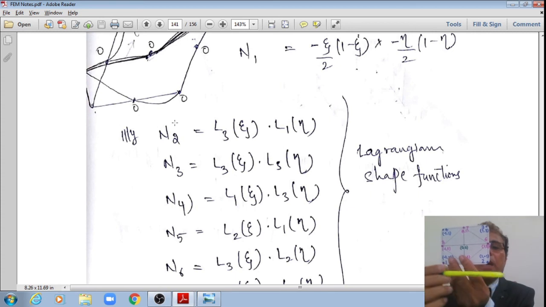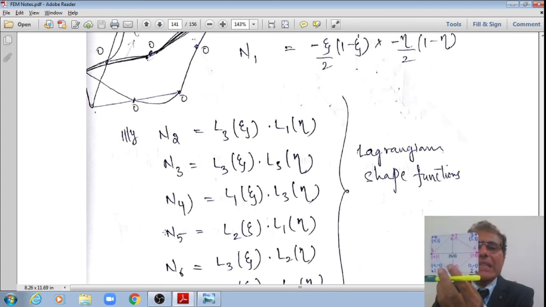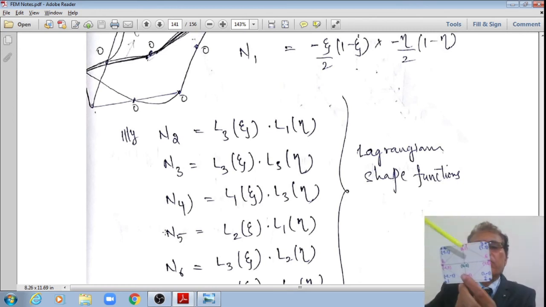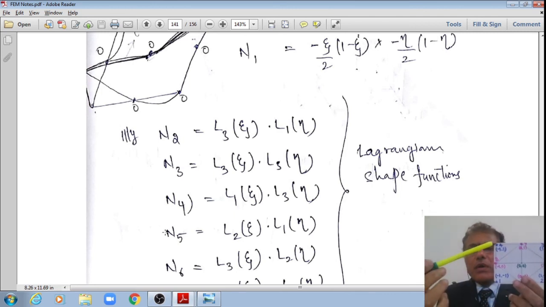As here I do have L3 xi, L1 eta for the node 3, L3 xi, L3 eta. Similarly N4 is L1 xi, L3 eta.